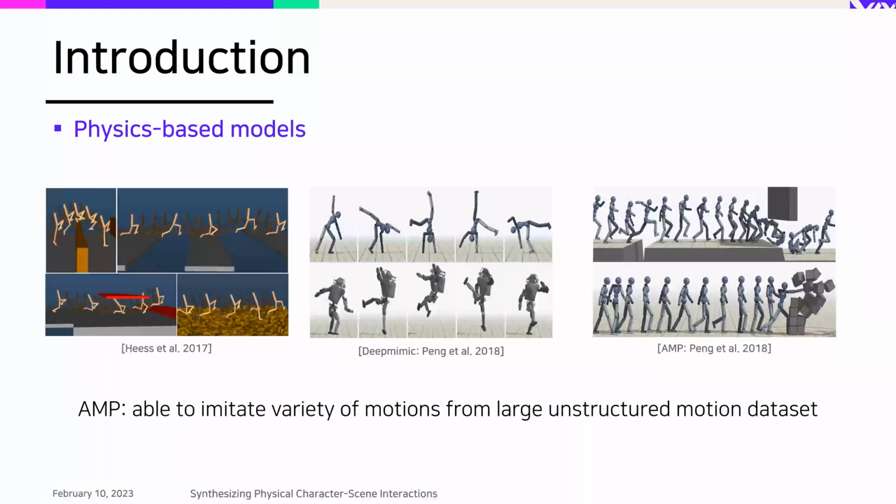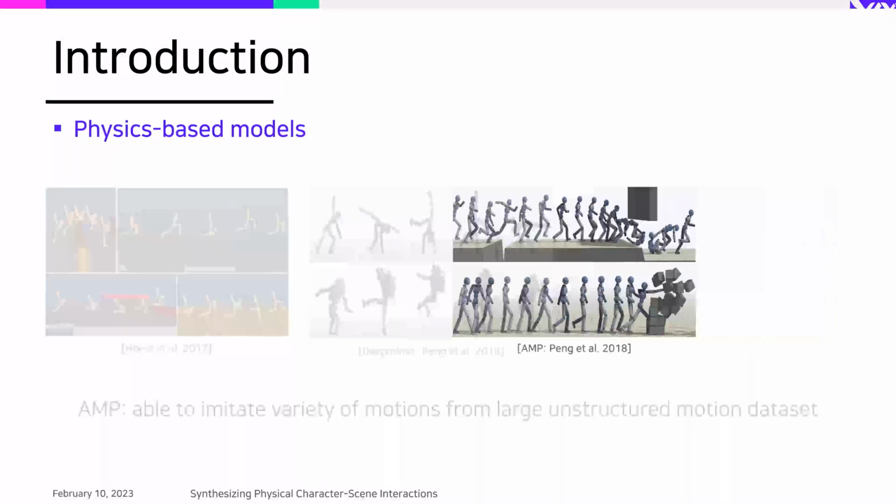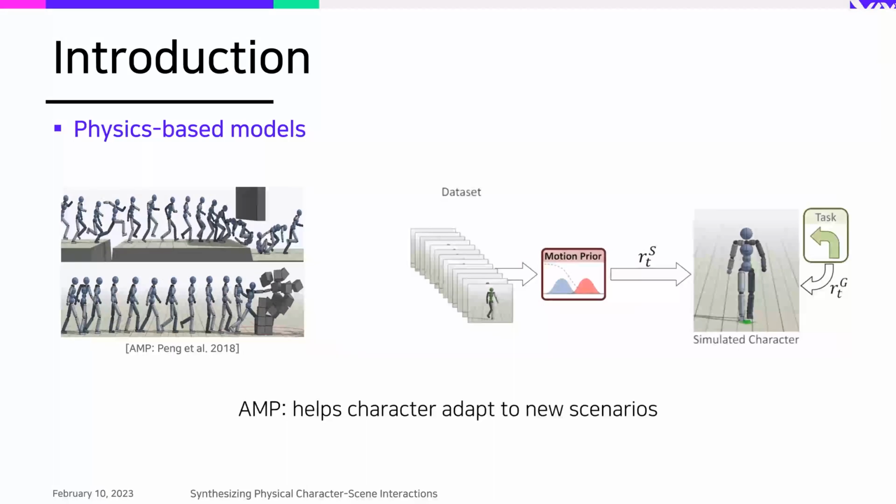Recently, adversarial motion priors (AMP) has been proposed for imitating a variety of motions from a large unstructured motion dataset. AMP utilizes an adversarial discriminator to differentiate motion generated by the policy from motion in the reference. This property helps policy-generated behaviors deviate as needed to adapt to new scenarios.